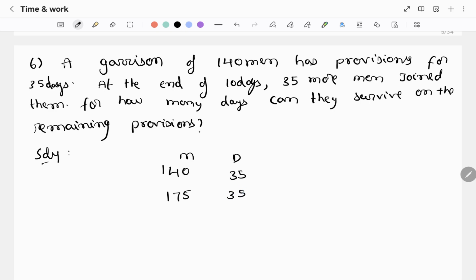At the end of 10 days, 35 more men were joined. For how many days will the food last? 10 days completed now. At the end of this 35 days, 175 people are there. After that, what will be the men? How many men, for how many days?